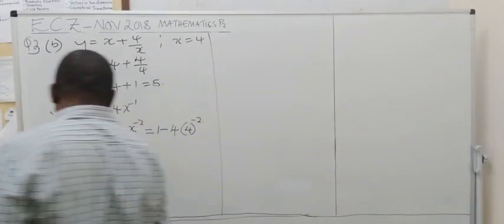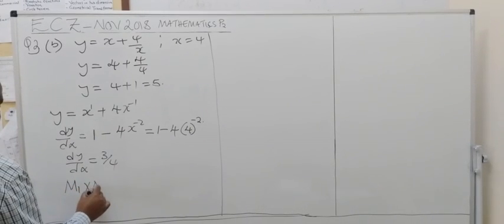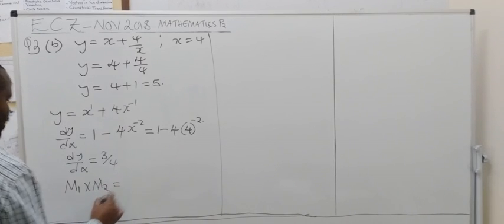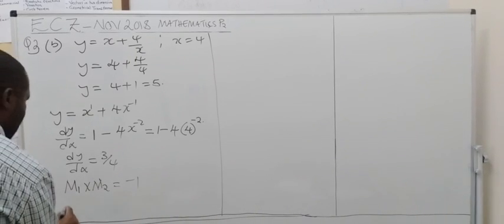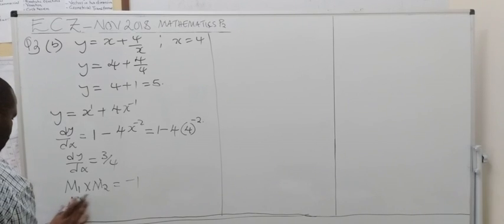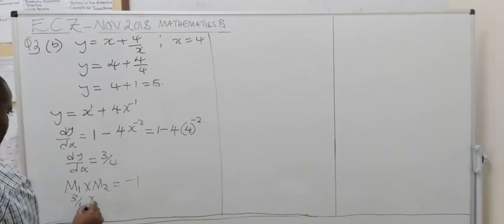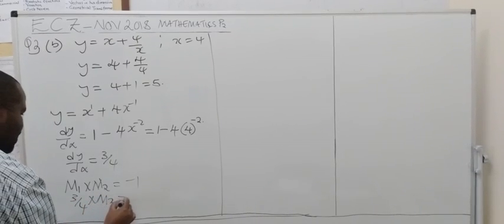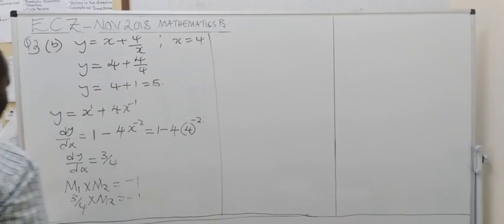But now, we want to find the gradient of the normal. So we say the gradient of the normal times the gradient of the tangent should be negative 1. So the gradient of the tangent, which is 3 over 4, times m2, the answer is negative 1. How do you get this?